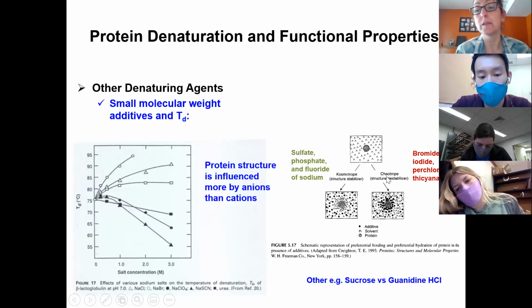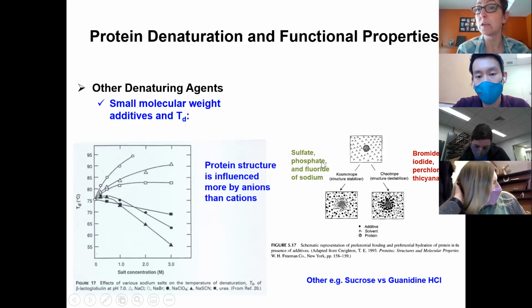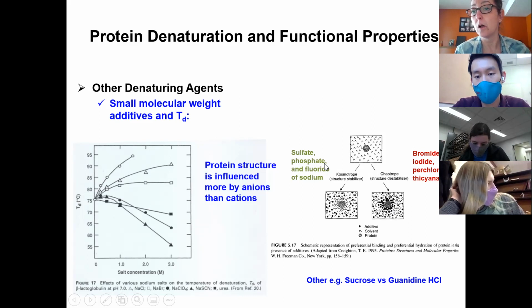The other form is the chaotrope, which are different salts that bind very strongly to the protein, prevent protein-water interaction, causing the denaturation to occur at lower temperatures. So there are the two different types of salts, not necessarily just the concentration, but also the type of salt.